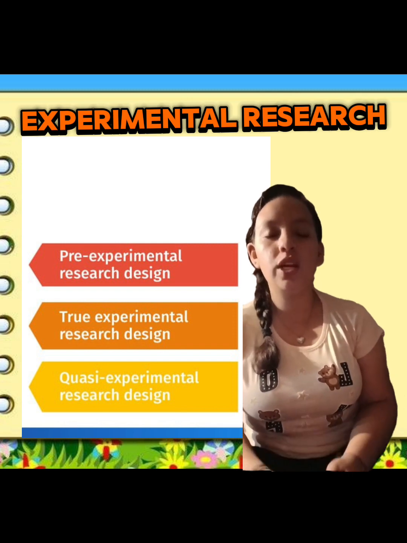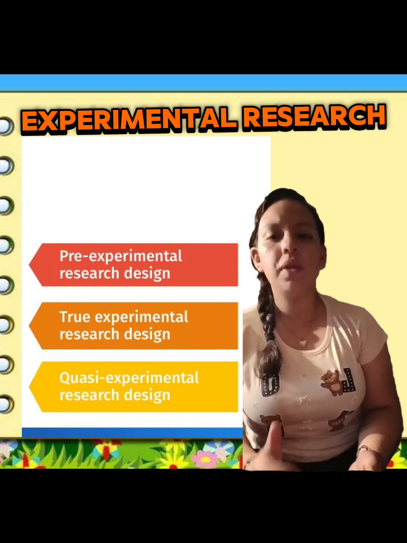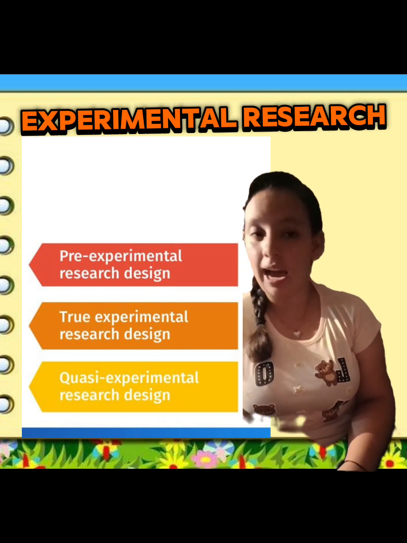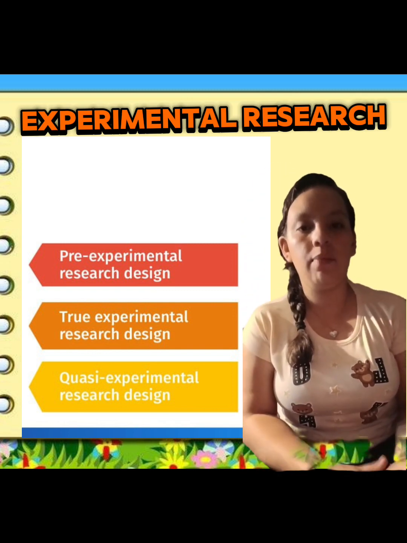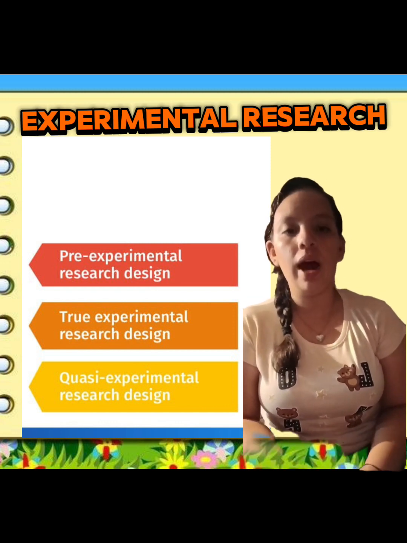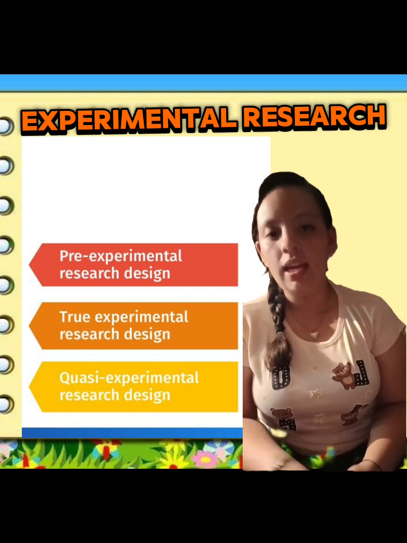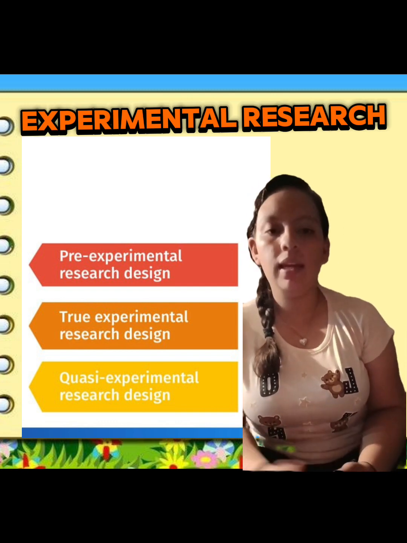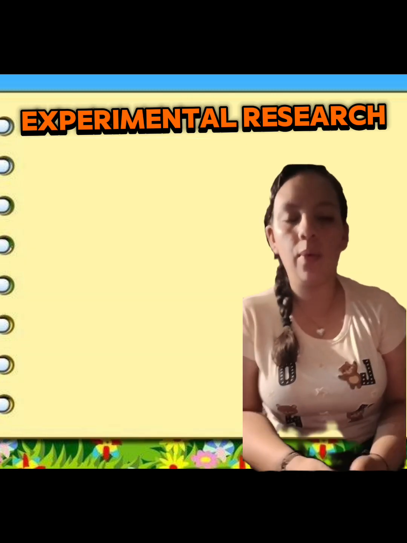The second is true experimental research. It relies on statistical analysis to prove or disprove a hypothesis, making it the most accurate form of research. And finally, the quasi-experimental design is used in field settings where random assignment is either irrelevant or not possible.